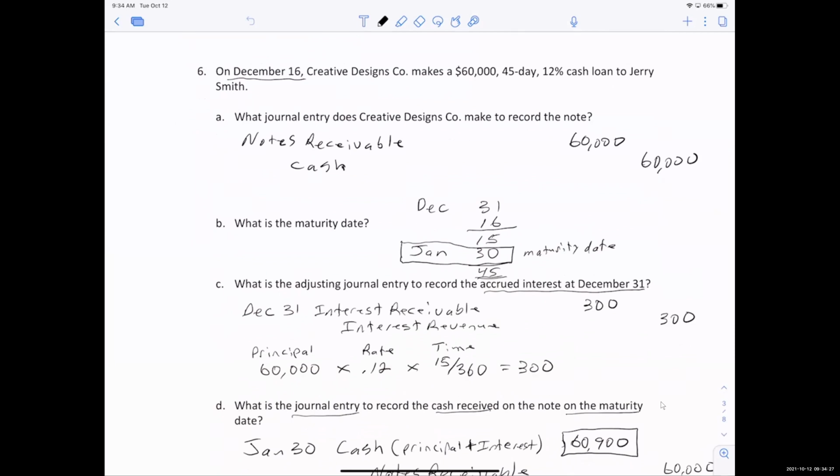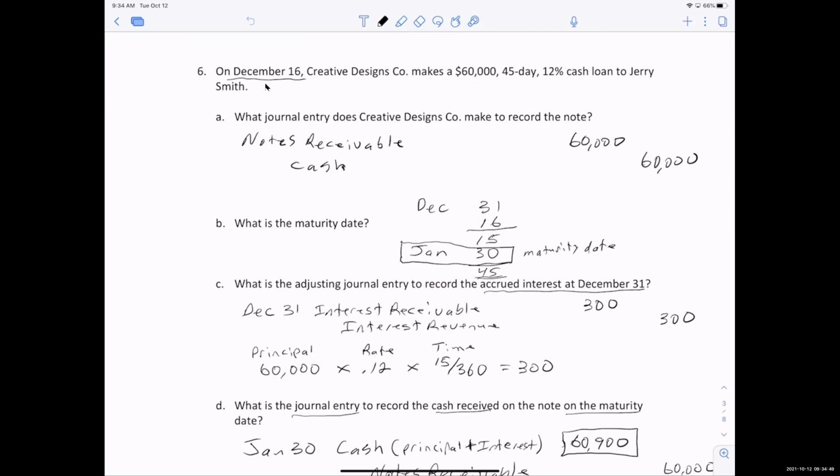So anyway, let's go through this. Let's say that on December 16, Creative Designs Company makes a $60,000 45-day 12% cash loan to Jerry Smith. We're giving Jerry $60,000.